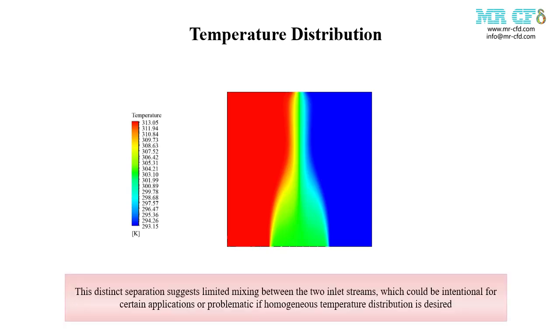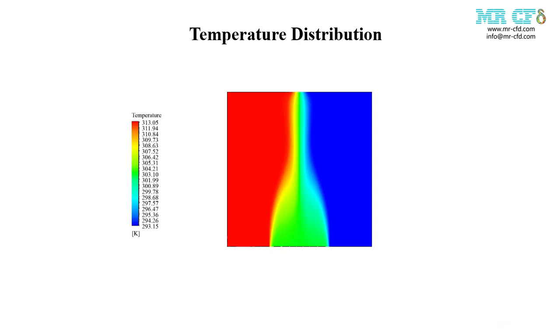This distinct separation suggests limited mixing between the two inlet streams, which could be intentional for certain applications or problematic if homogeneous temperature distribution is desired. A mixing zone is observed in the central region, particularly near the outlet. This indicates that some thermal mixing occurs as the fluids converge towards the exit.